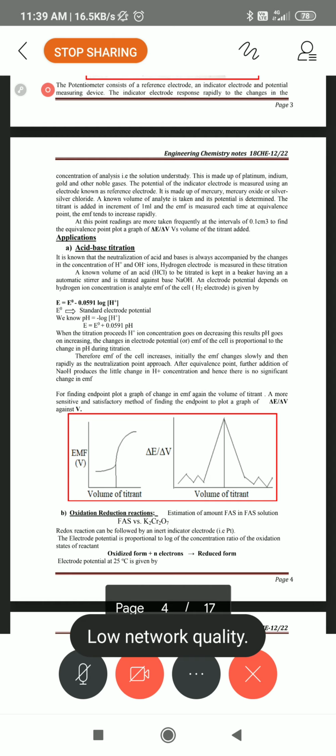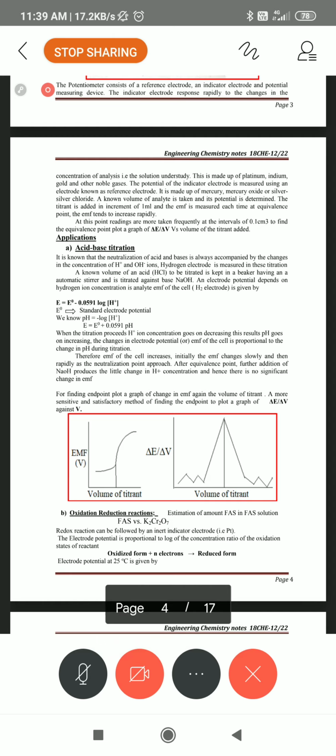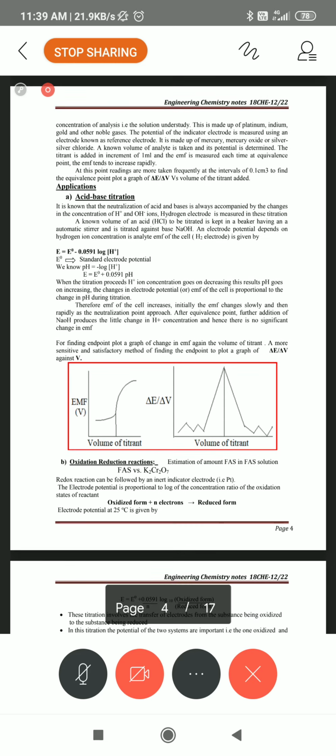So we can plot two graphs. One is for the equivalence point, and another one is for the strength of the solution, which we are going to find out. You will do the same for pH experiments also. All these procedures, for pH and pKa determination, for potentiometric estimation, for conductometric estimation, are the same type of procedure, but different instruments are used.